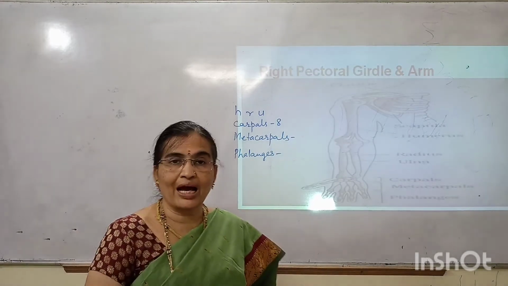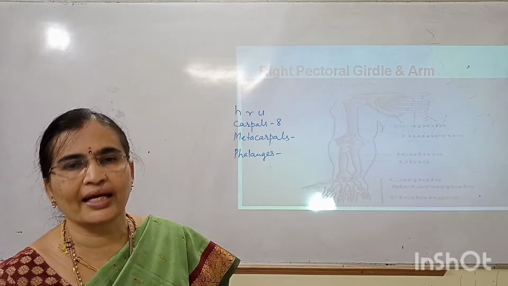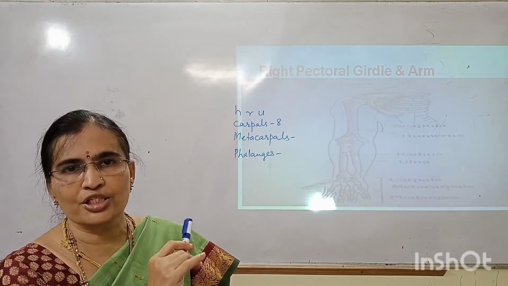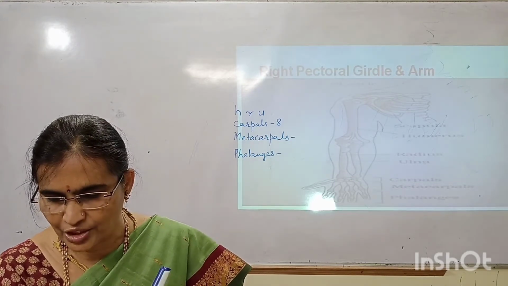So carpals are 8. That is wrist bones. Totally 8 wrist bones are there.